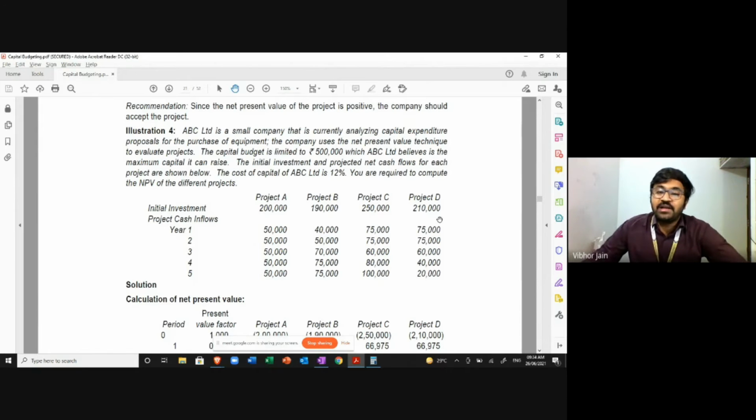But the total capital you have is only 5 lakh. So you have to decide which projects you will accept and which you will reject. Out of the 4 project options available to you, you have to calculate which project is the most beneficial, the best project, and on that basis we are going to select the project that we have to choose.